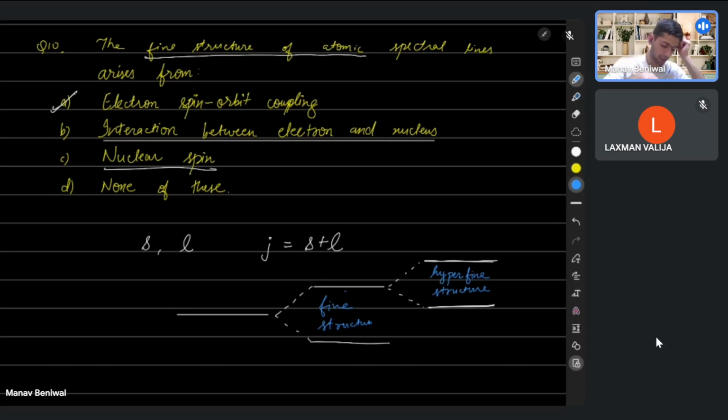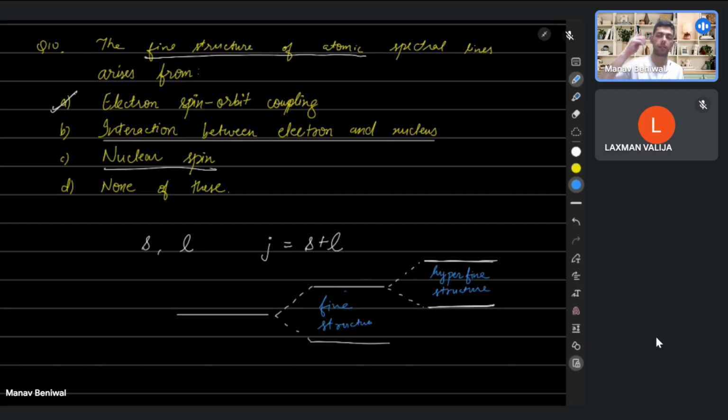So earlier we had just one spectral line. Then we considered spin orbit coupling, and from consideration of electron spin orbit coupling, we are able to explain the fine structure. Then we observe in our experiments even further splitting of fine structure, which is known as hyperfine structure.